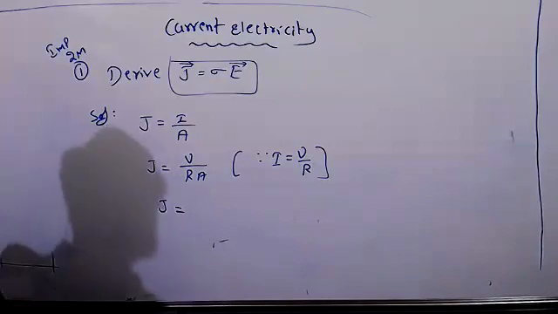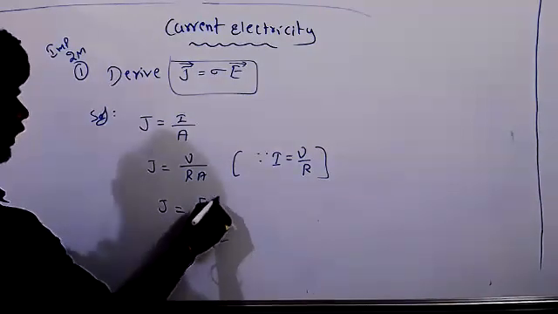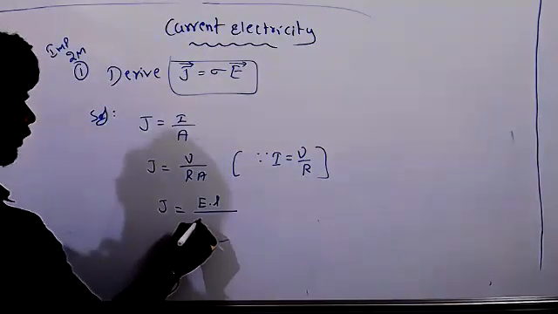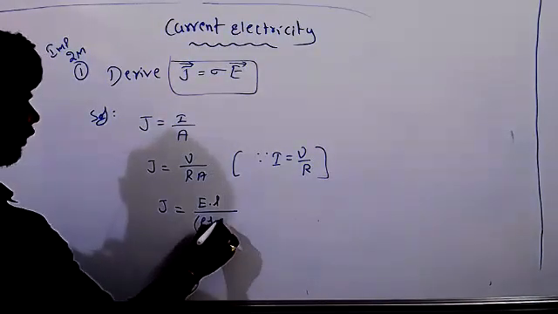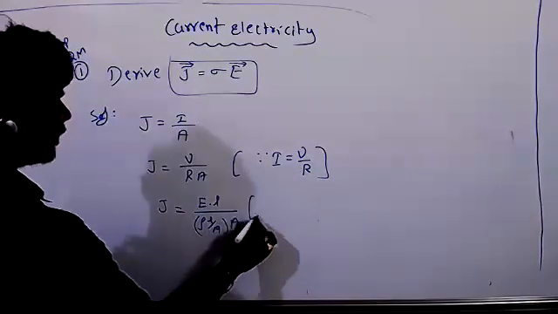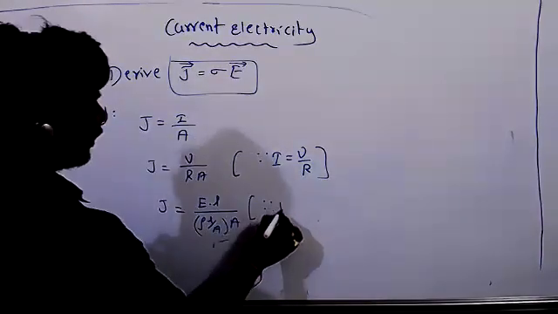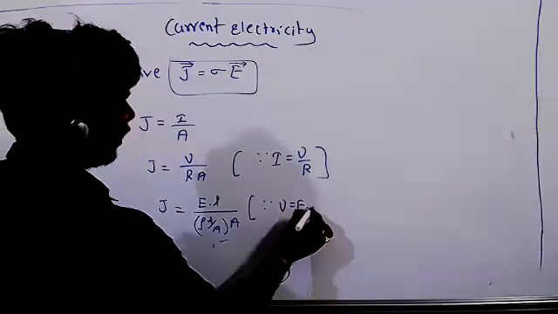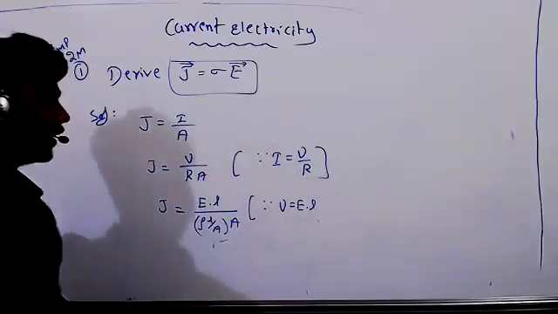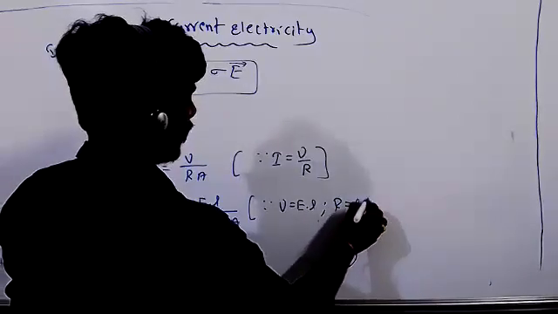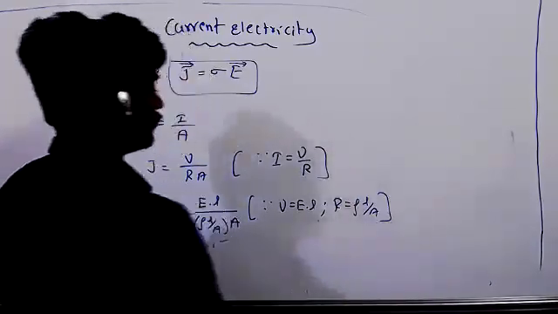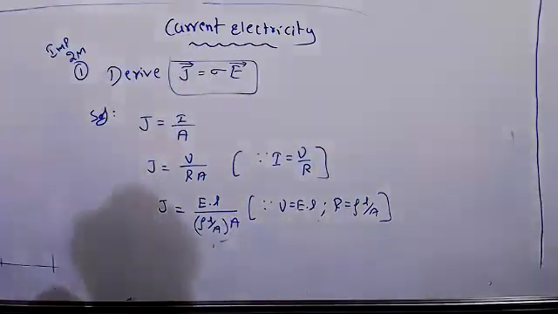J equal to EL by rho L by A into A, since V equal to E dot L or EL, and R equal to rho L by A. We have just substituted.